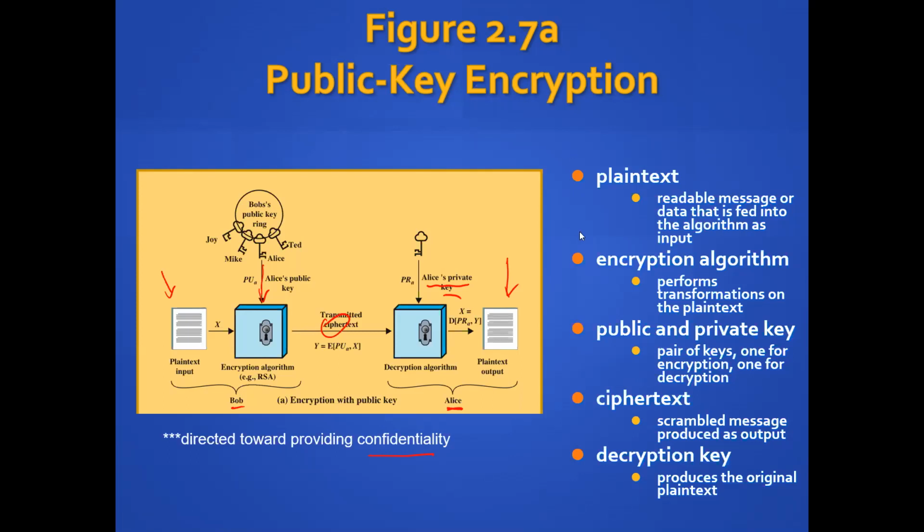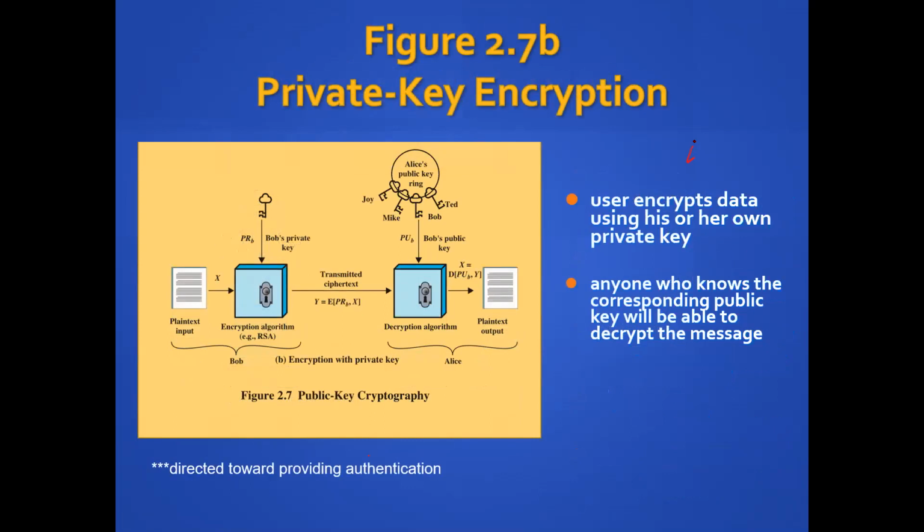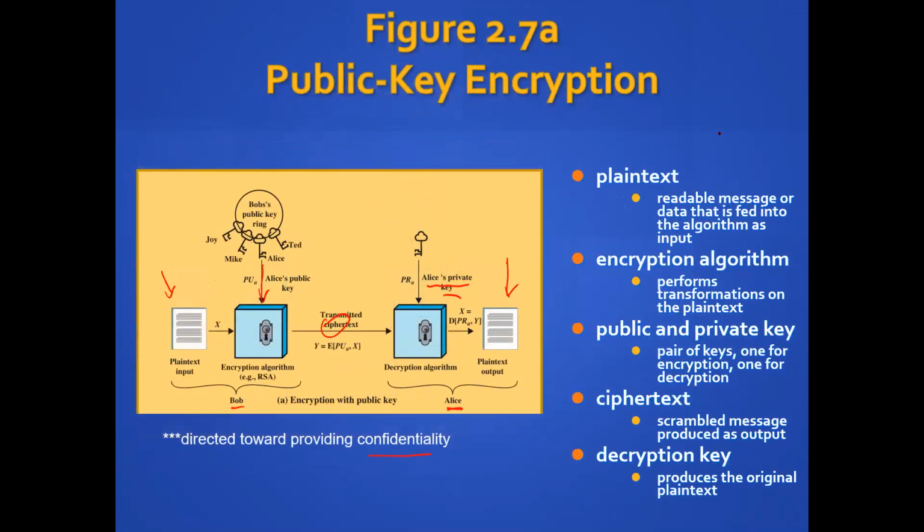Okay, so the plain text is just a terminology, the readable message or data that is fed into the algorithm as input. Now, I should stress that you don't usually use RSA or asymmetric encryption to encrypt long messages, all right, because it's not very efficient, as we will see in PKIB. So one of the goals of PKIB this week is to look at performance.